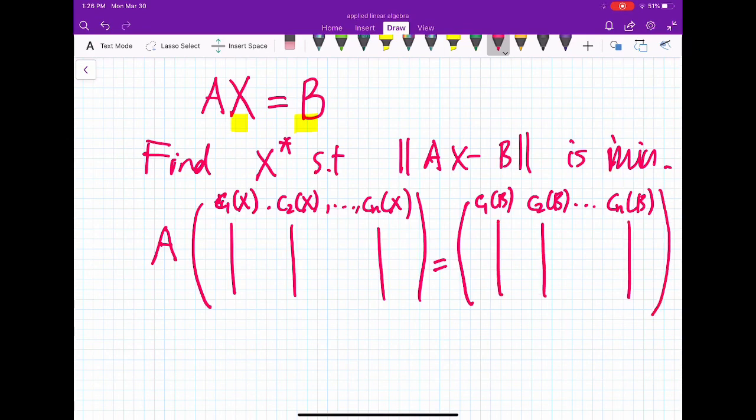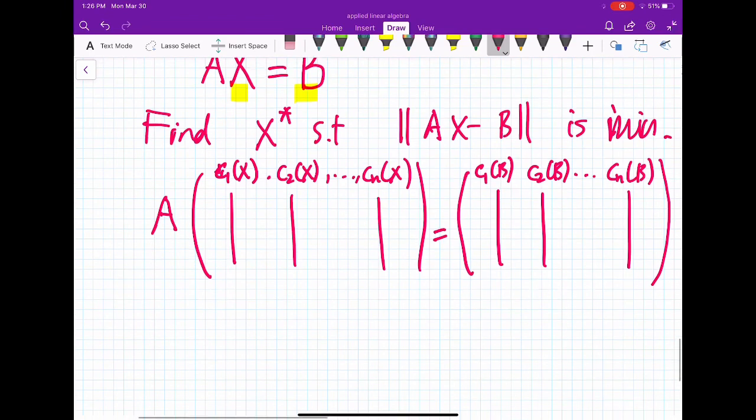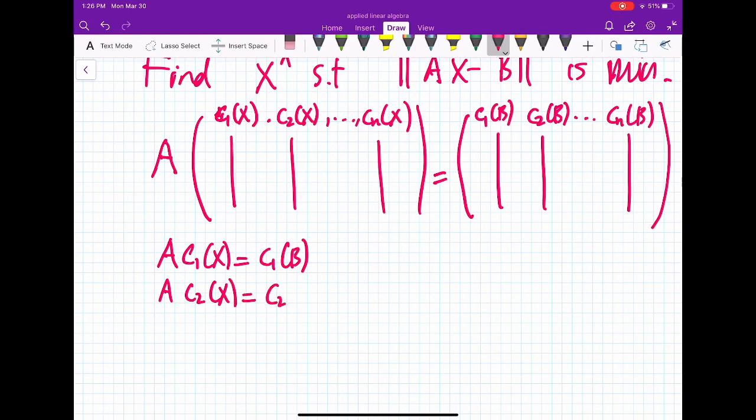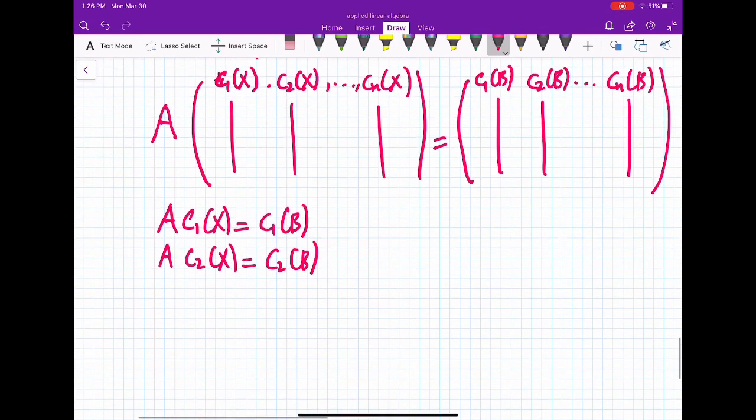So these are the columns of B. And suppose that X has n columns and B also has n columns. We multiply A with each column. It turns out that A C1X equal to C1B. That is just matrix multiplication. And then we have A C2X equal to C2B, right? And so on, you have A CNX equal to CNB.